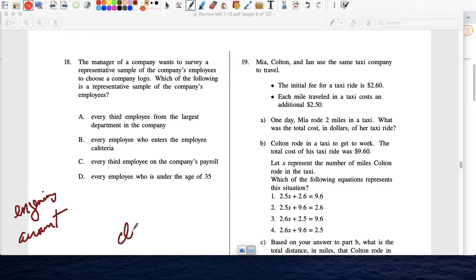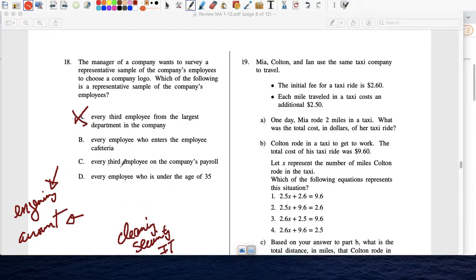Let's call this the cleaning department, the security department, what else? The IT department. So let's say these are the smaller groups, and these are the main ones, right? If I select every third person from these two departments only, would that be a fair representation of the company?